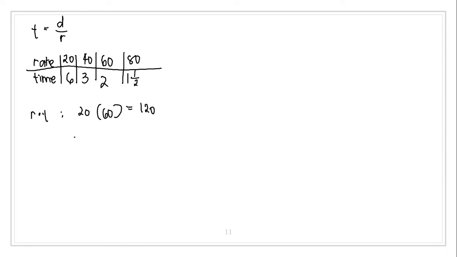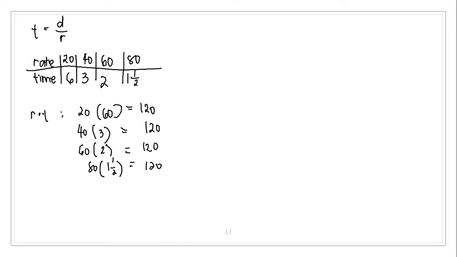Next, 40 times 3, that is still 120. Next, 60 times 2, that is still 120, and 80 times 1 and 1/2, that is still equal to 120.